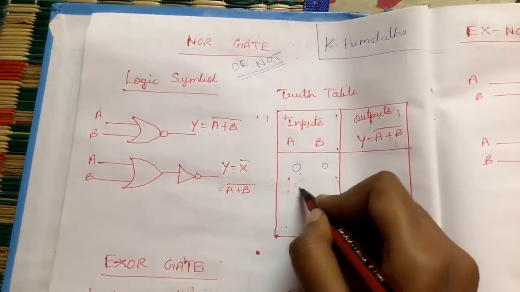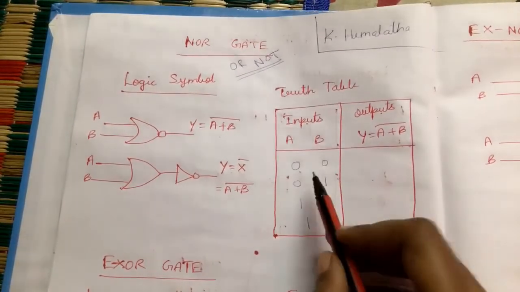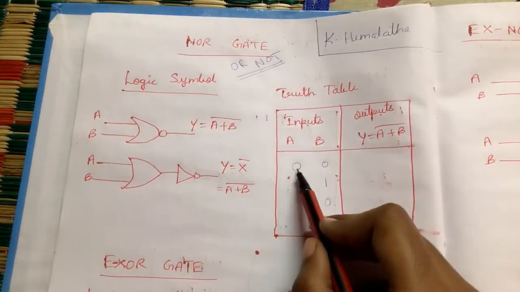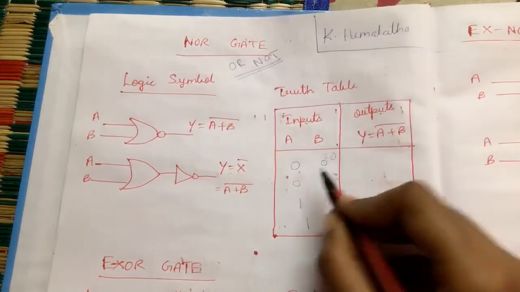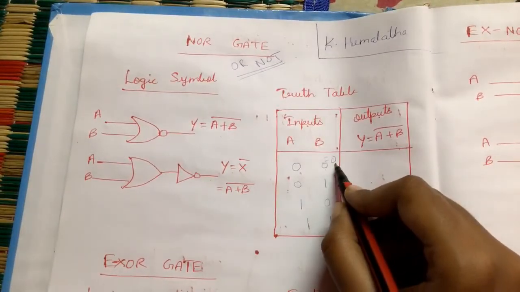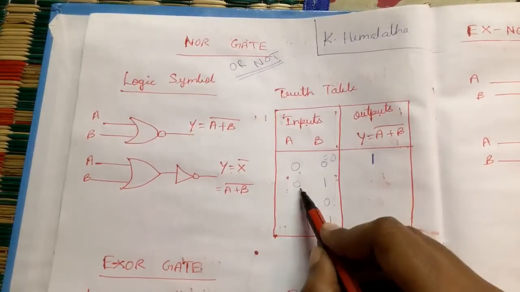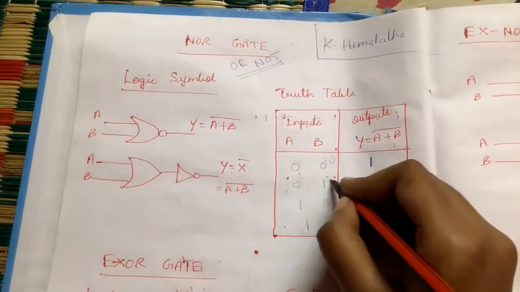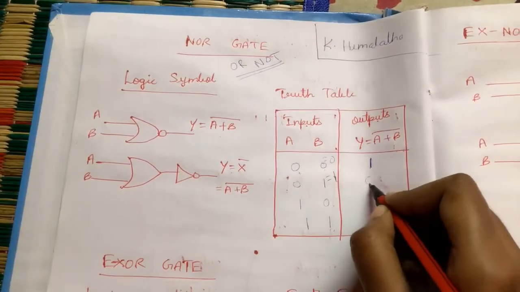0 0, 0 1, 1 0 and 1 1. So now we are going to do this operation. 0 plus 0, what you will get, 0 as the output. Then what is the complement of 0? 0 is 1. Now 0 plus 1 is equal to 1. The complement of 1 we will be getting as 0.